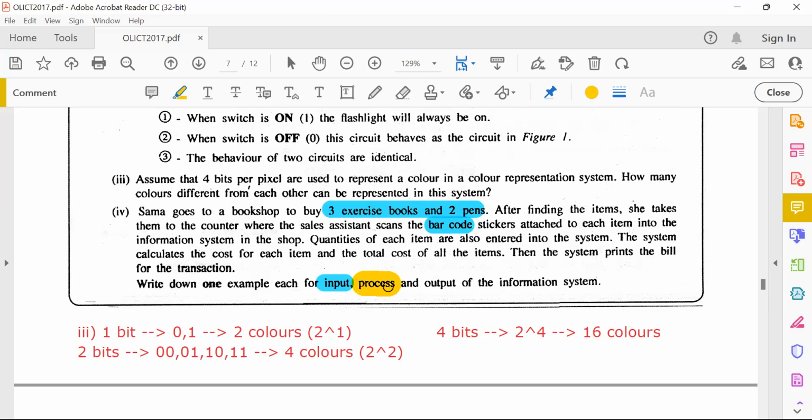Then what are the processors? Okay, Achira, I'm waiting.